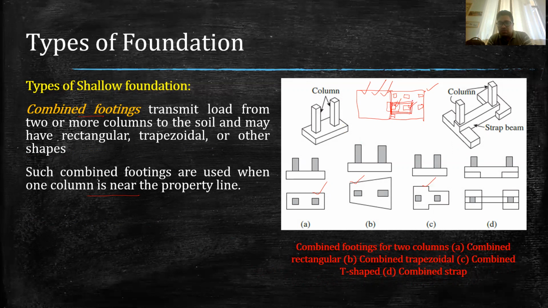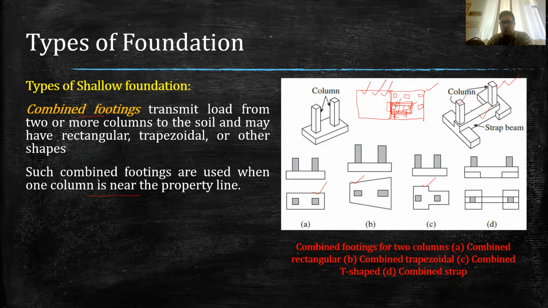Sometimes the distance between these two columns may be large. So in that case, we can provide a beam also. Like you can see in this case, this column and this column, if the distance between them is large, and if we want to connect them, then we can connect them with the help of a beam, which is called the strap beam.